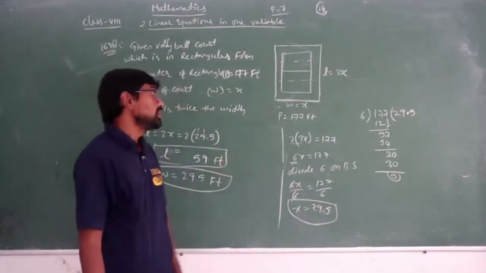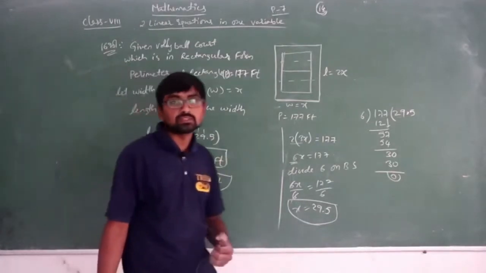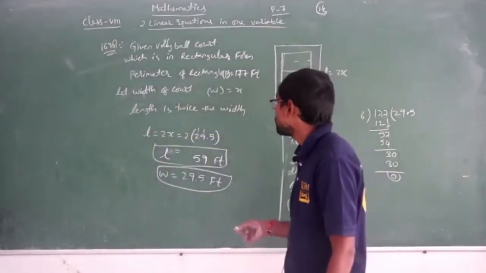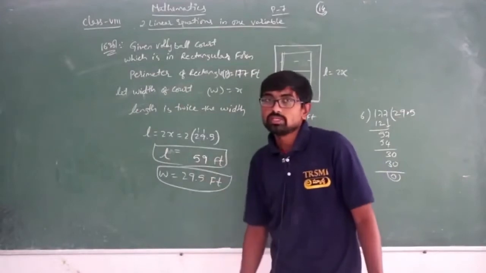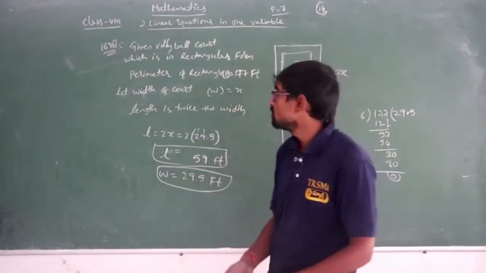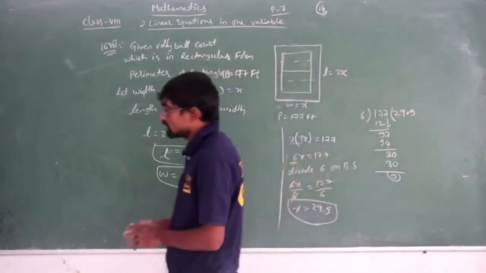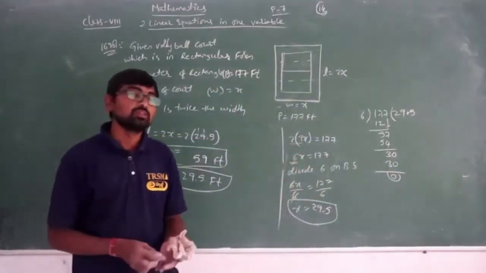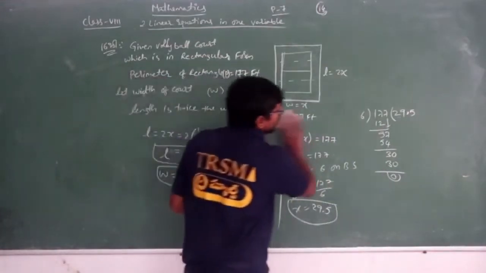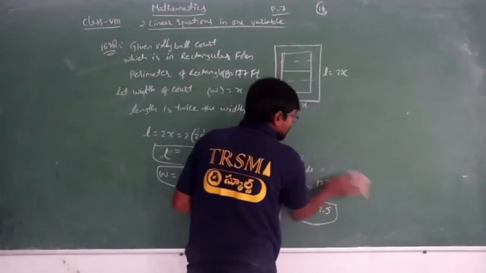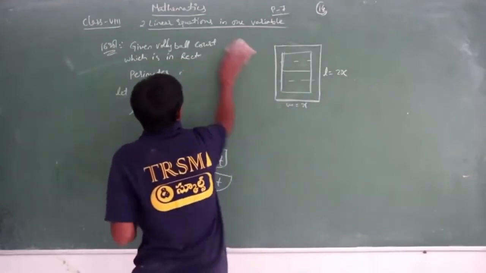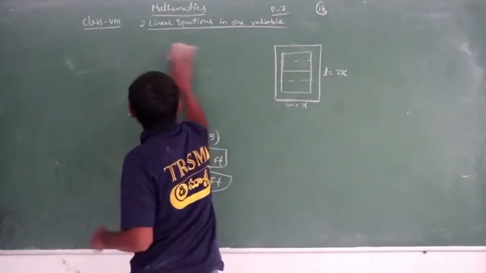Sometimes they will ask to find the dimensions and also find the area. For finding the area, you will multiply length into width. This is how you will find the values of length and width. Whatever is asked in the question, you can find that. Hope you all understood why we have taken the volleyball court in rectangular form.